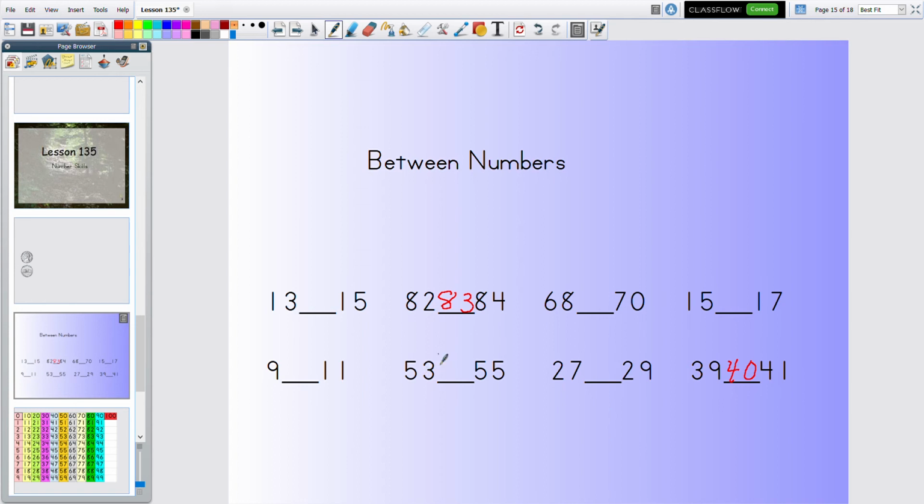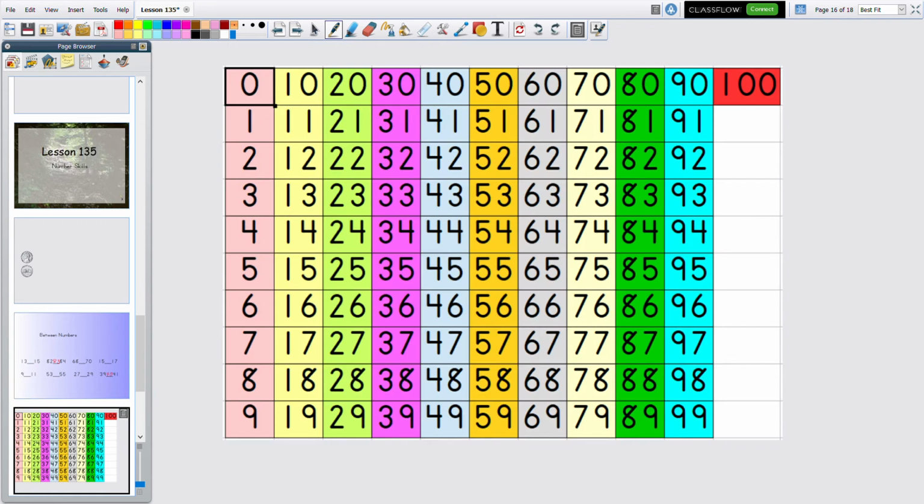And let's see. Here we have one. I'm just skipping around a little bit. We have a 68 and a 70. Oh, those are two different families. 68 is way down close to the bottom. So let's go look. 68 right there.